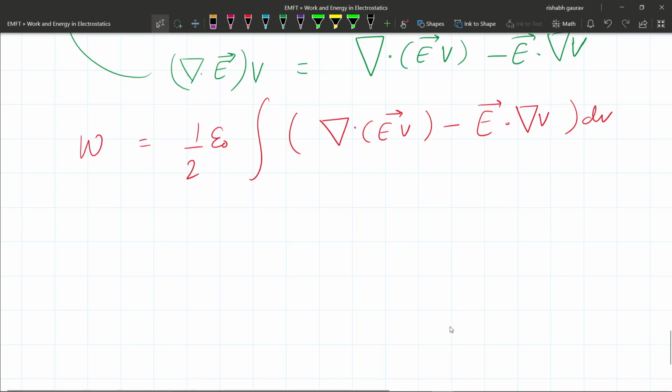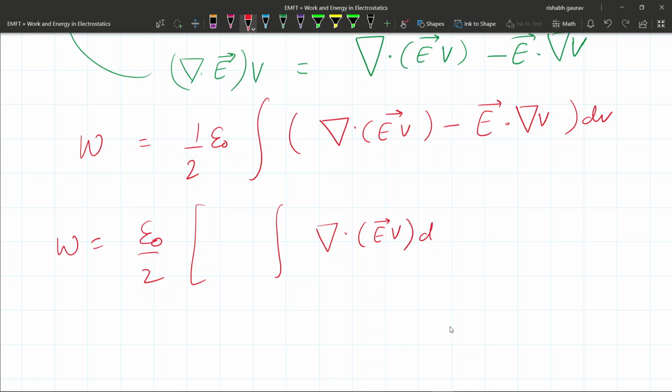Once again writing this, W equals epsilon naught by 2. Now we have got two integrals: the integral of del dot (EV) dV and then minus the integral of E dot del V dV.